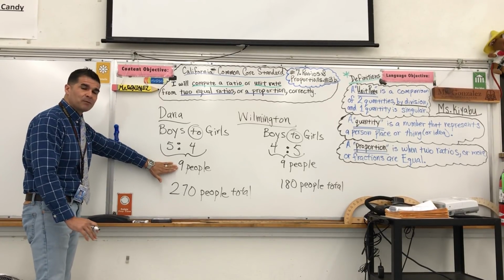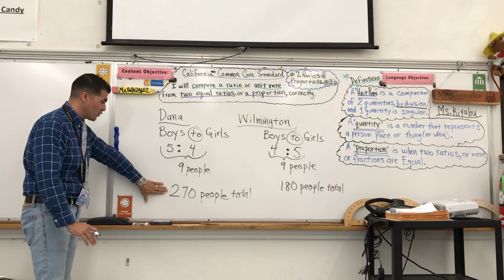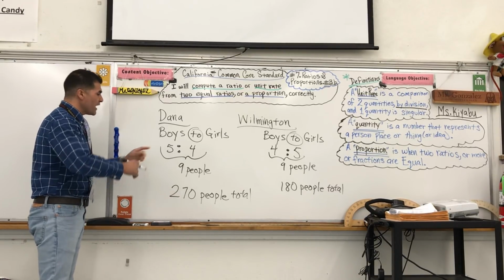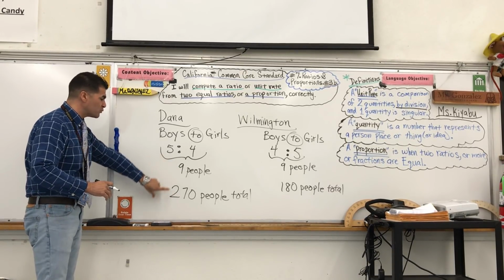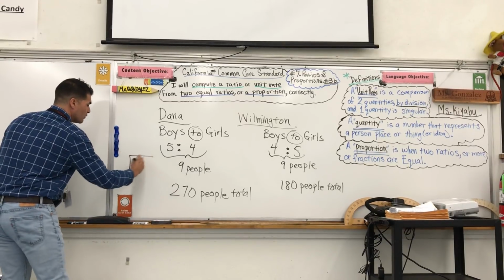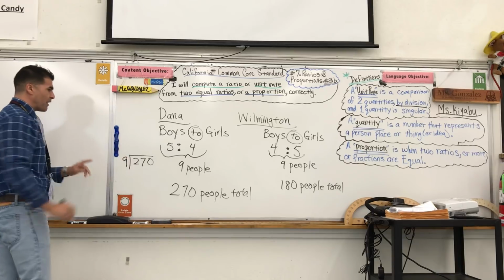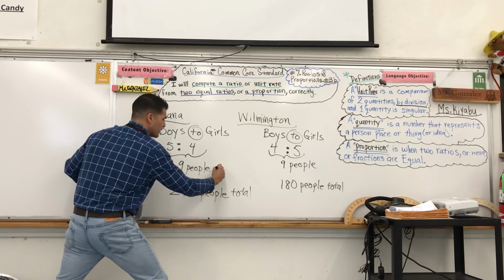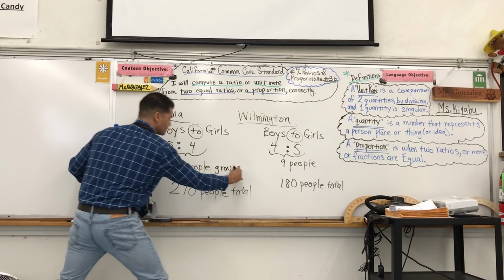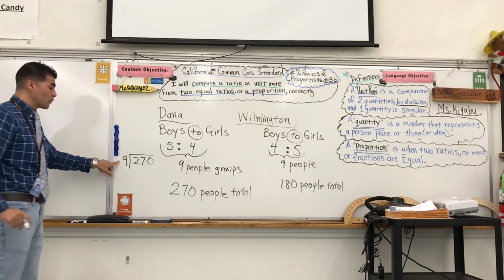If there's 9 people groups that are going to 270 total, what we want to do is figure out how many of these groups we can make. So we take our 270 people total and we divide it by our 9 people groups. Let's figure out how many groups we can make.